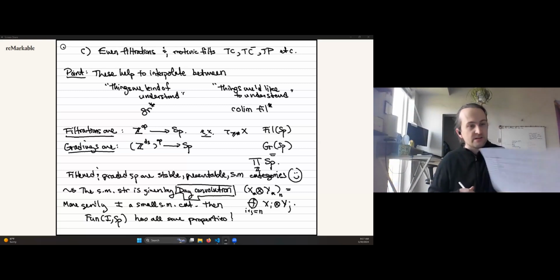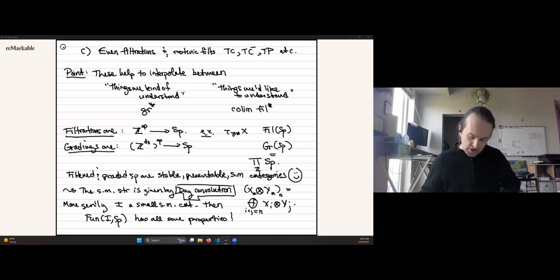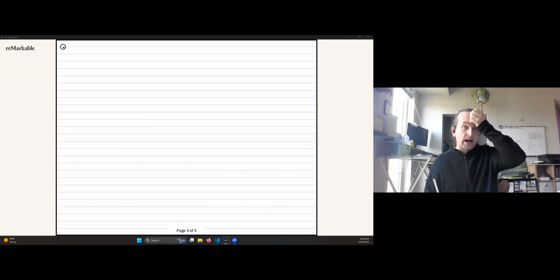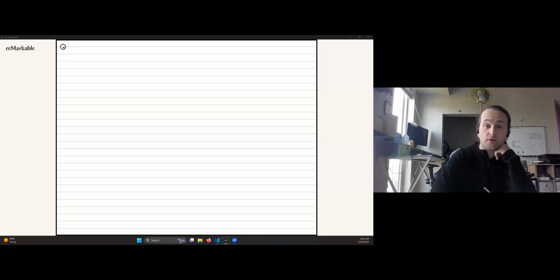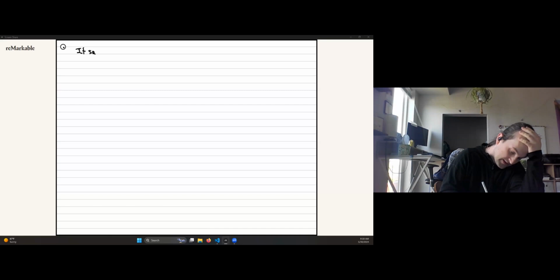Okay. So, as one more remark, you don't actually need I to be symmetric monoidal for a Day convolution product to exist. It suffices that I is what's called promonoidal.